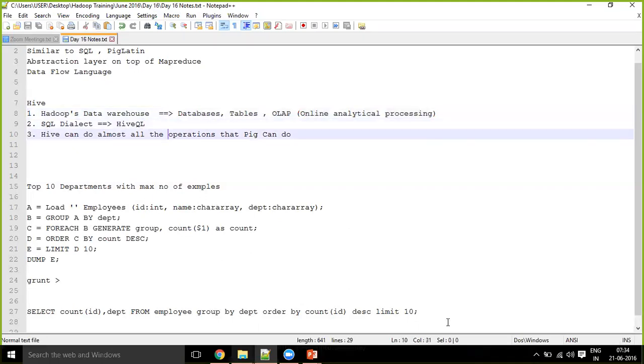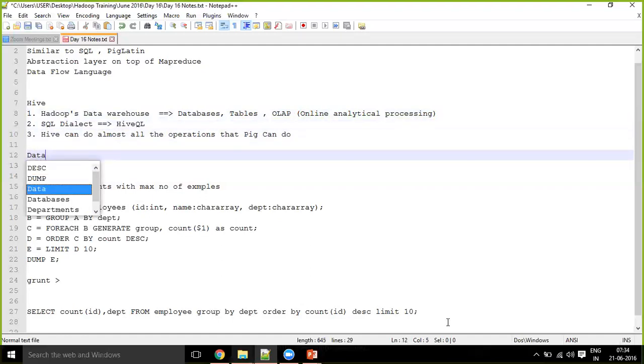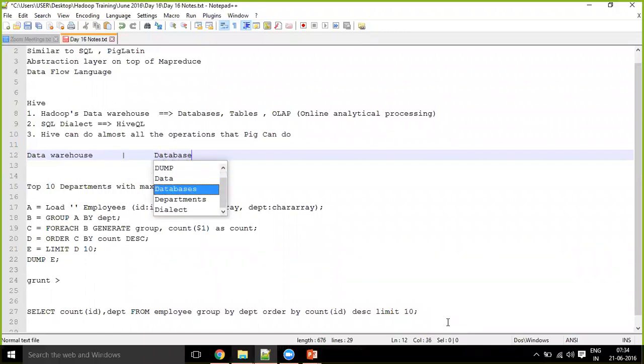Okay, and coming to the terminologies, we have two things. One is data warehouse. The second one is a database.